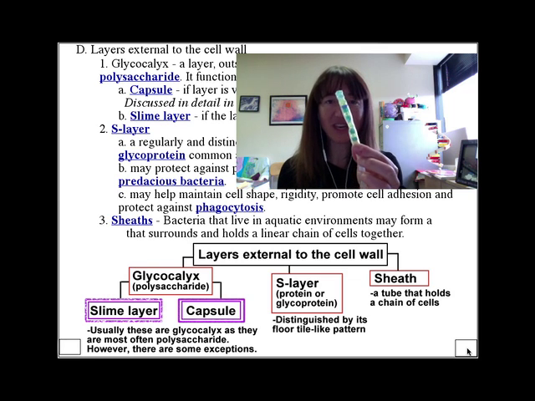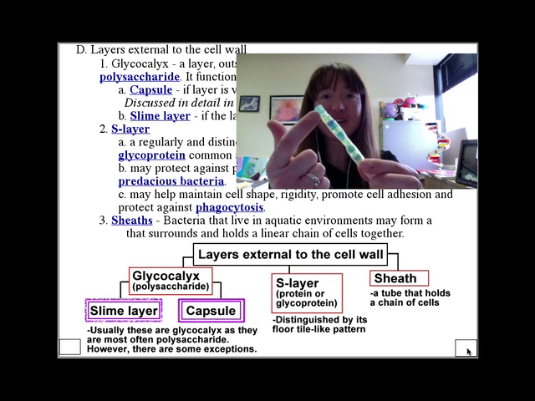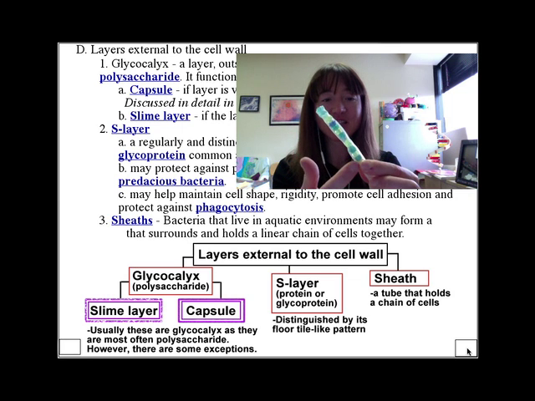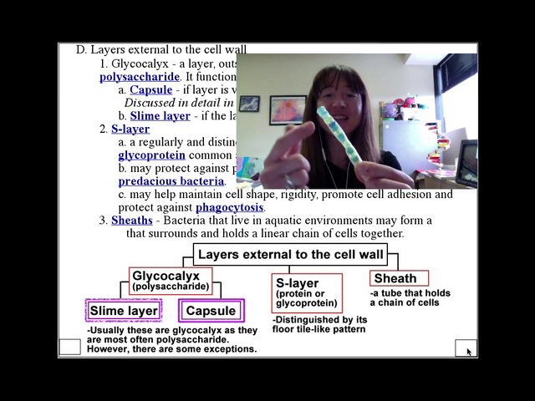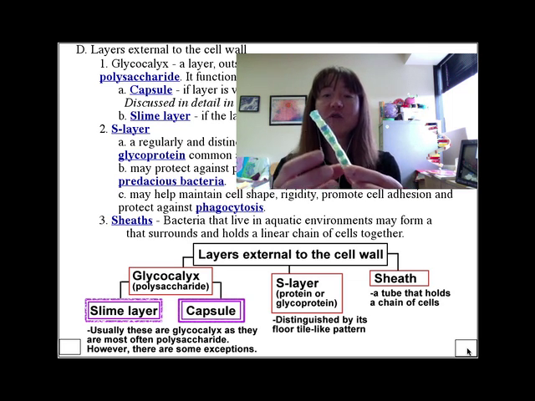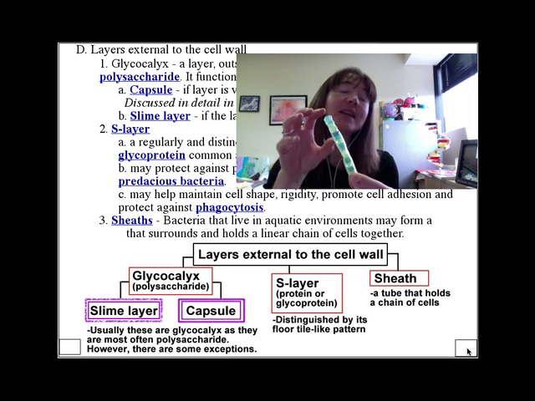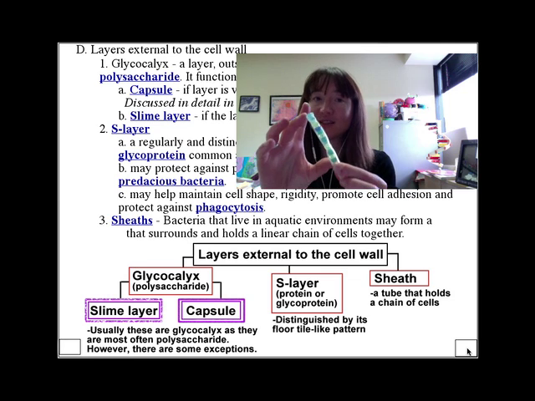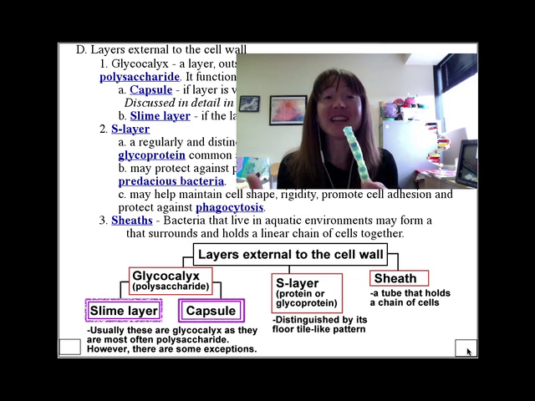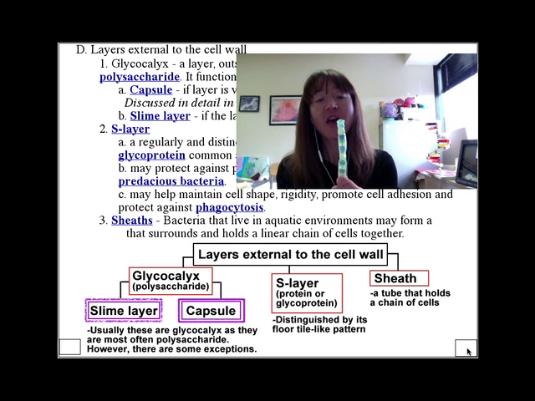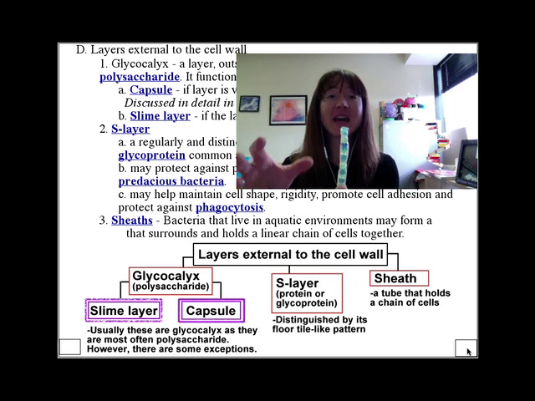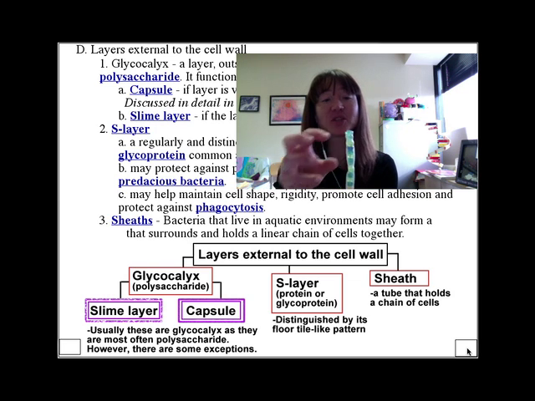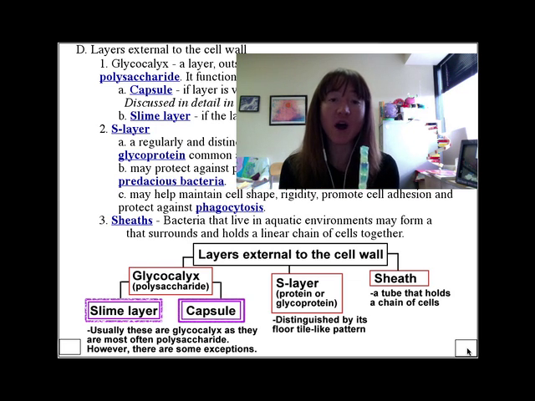So if you picture these beads in here as being the bacterial community, there's a lot of bacteria packed in together inside of the sheath. And the sheath surrounds it and allows for a community of cells to be encased in this sort of straw-like structure. So this is protective because the sheath itself can be adhered to surfaces. If they're in an aquatic environment, you can see how water's flowing by, and as the water flows by, they can capture the nutrients that come with that flowing water.